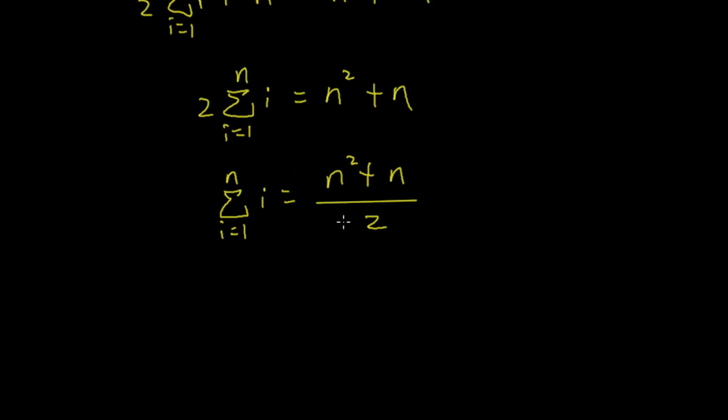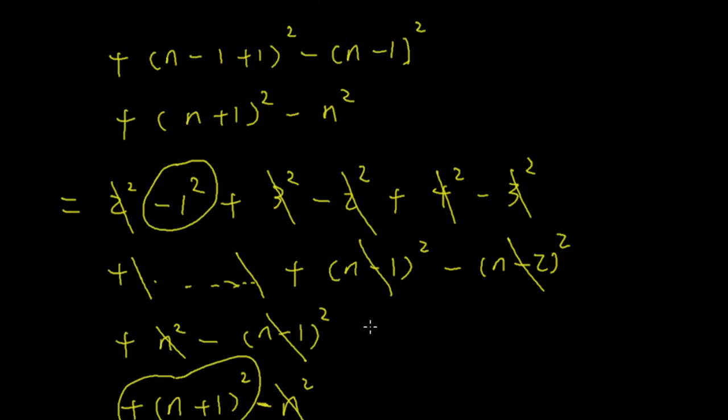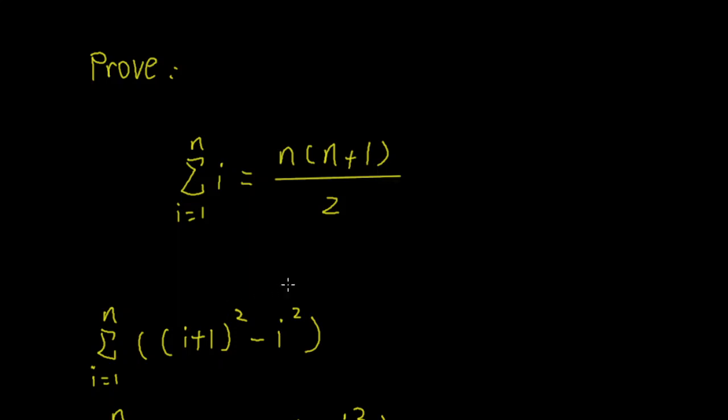Now here we can factor out the n as a common factor. So I have the sum of i equals 1 all the way to n of i is equal to n times (n plus 1) all over 2. This is exactly what we are trying to prove here.